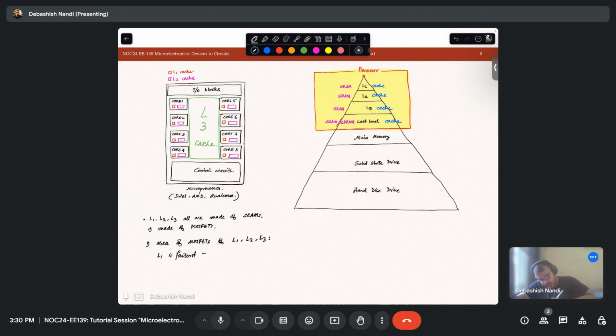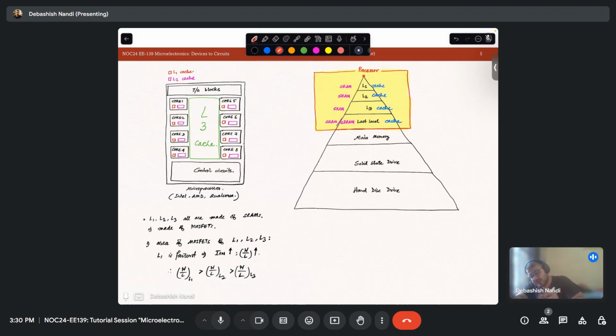Okay, that means ion has to be highest. That translates to W by L of these transistors has to be highest. So your W by L of L1 will be greater than W by L of L2, W by L of L3 MOSFETs. Okay, the MOSFETs used to make the SRAMs of these cache memories. Okay, so this is important to understand.